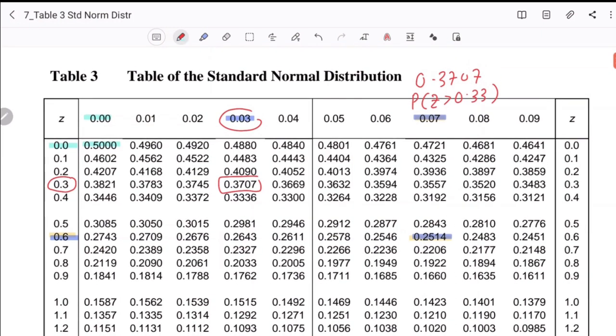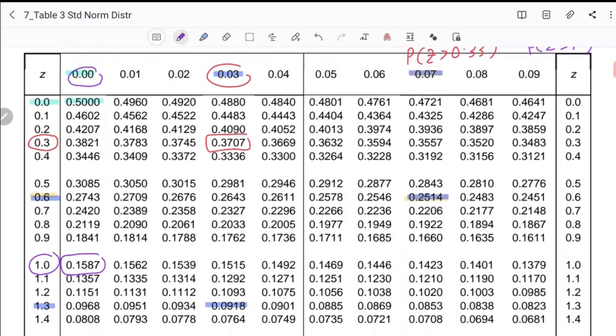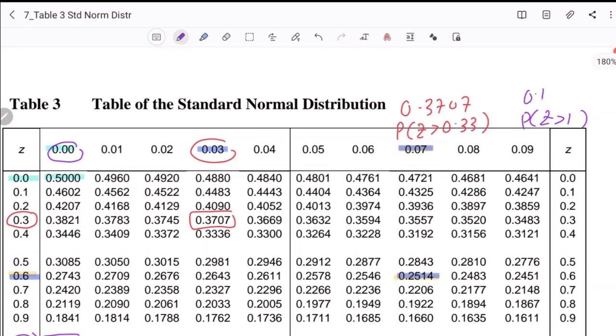Whereas the probability for Z greater than 1, which is 1.00, is equal to 0.1587. The probability must not be negative, so we need to take the bigger value minus the smaller one.